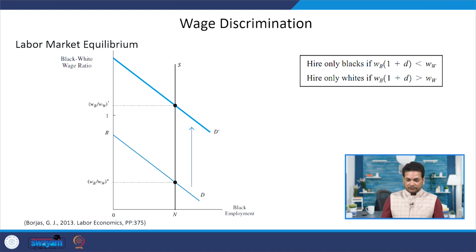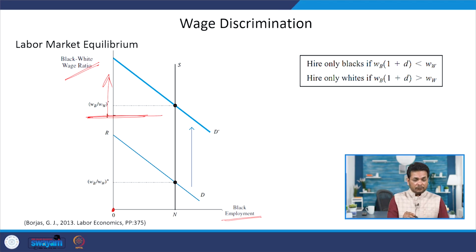If you look at this graph, on the x axis we have taken the number of black workers employed, and on the y axis the black and white wage ratio. The threshold level is 1. If the ratio is greater than 1, above this, then the number of black employment is 0.